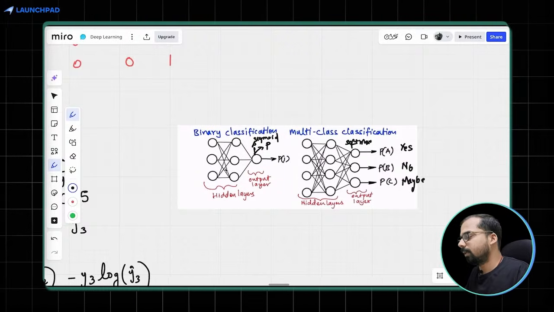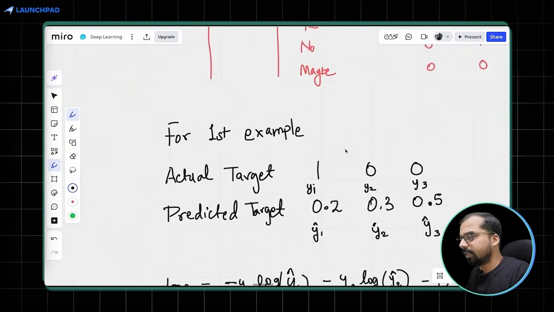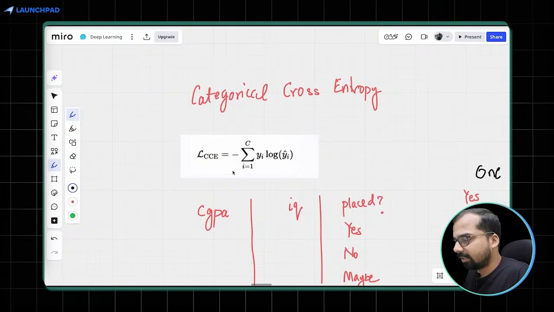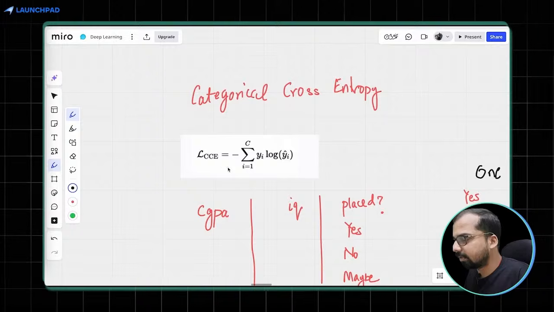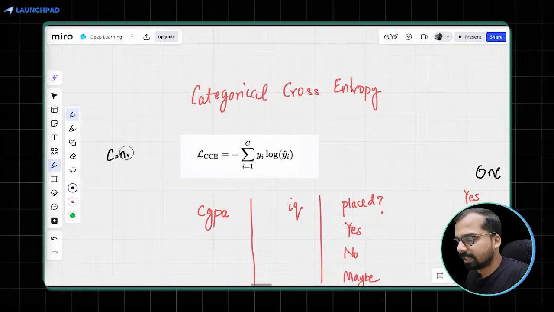So when you have more than 2 classes, we use categorical cross entropy. The formula is something like this, where C is the number of classes.